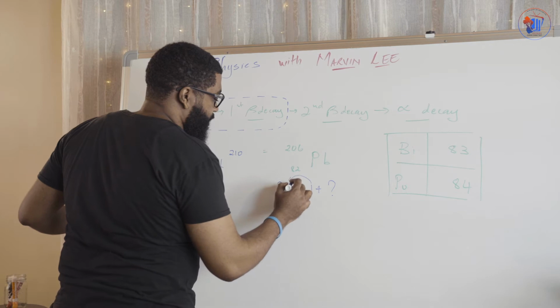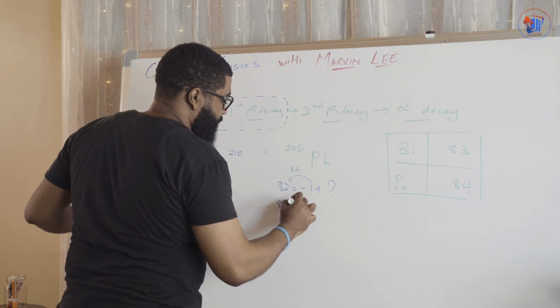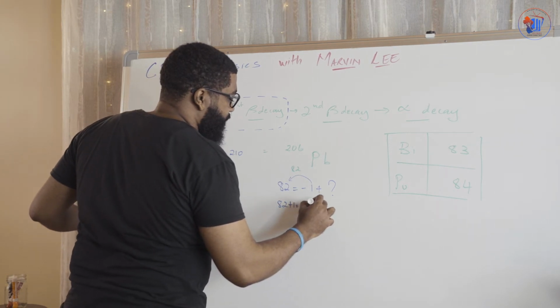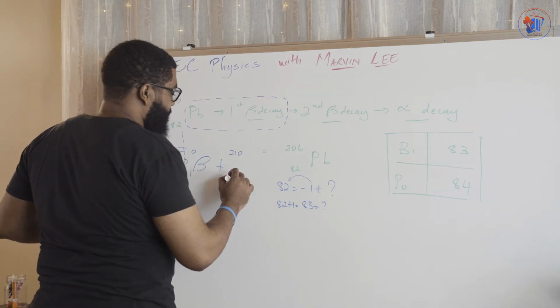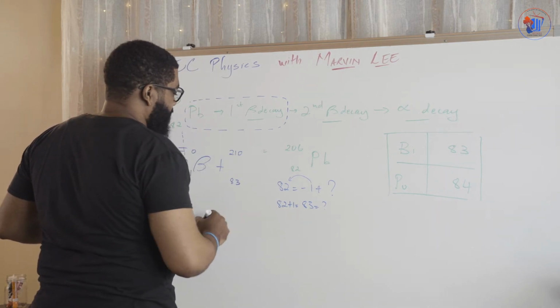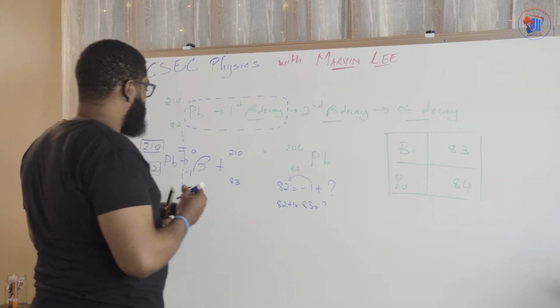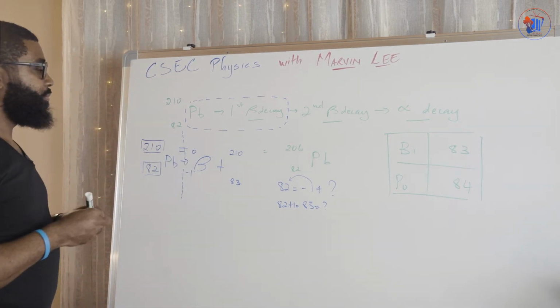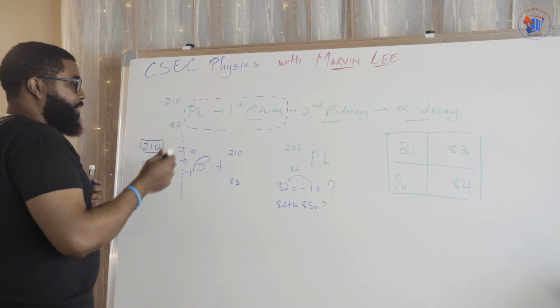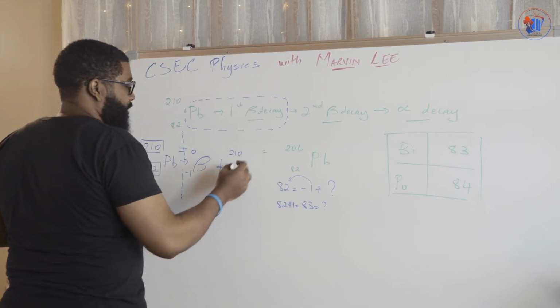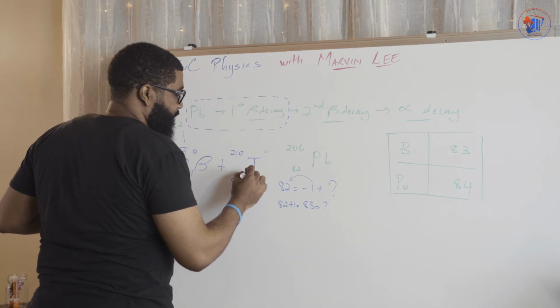If we just carry this across the equal sign, it becomes 82 plus 1, which is equal to 83, is equal to the unknown. So this is 83. And I will just call this, for sake of argument, some J.